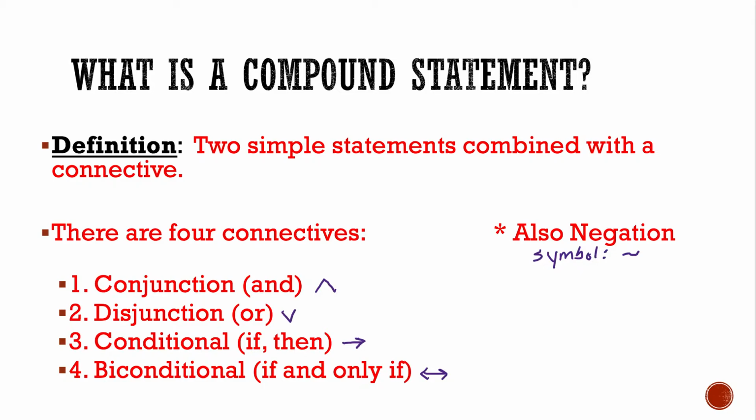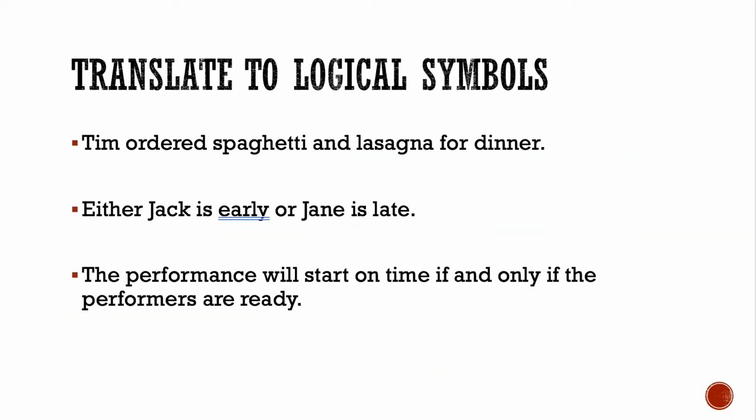All right, so the first type of problem that we're going to work on, we're going to take a sentence that's a compound statement, and we're going to translate it to symbols. So our first sentence says, Tom ordered spaghetti and lasagna for dinner. So you want to begin by identifying the connective in the statement.